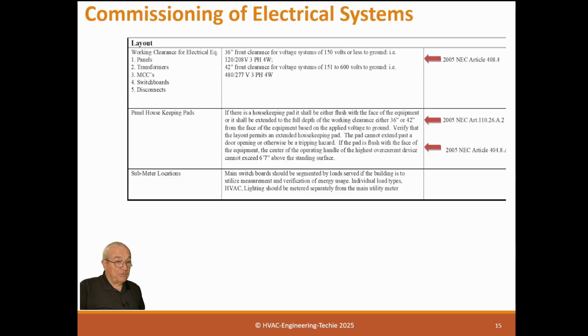They don't want anybody tripping. So it's really important that the contractors get the pad the right dimension, and if they don't, then that panel needs to move to the front of the pad and not to the back of the pad, because that space up front will be a tripping hazard. We see that all the time. Sub-meter locations, if you have meters, where those meters are located needs to be on the design.